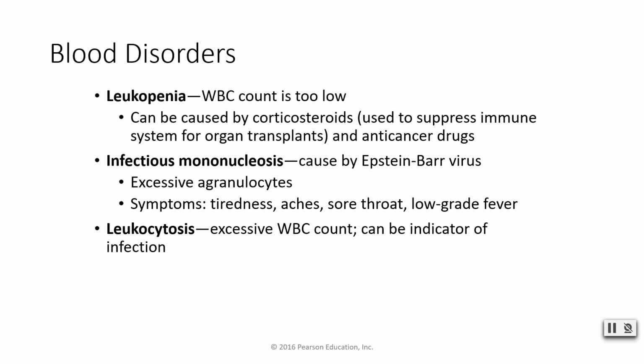Alright, a couple more blood disorders. We have leukopenia, which means your white blood cell count is too low. Patients with leukopenia, perhaps you are taking a corticosteroid, which suppresses your immune system. We do this for people that have undergone organ transplants, so we can reduce the likelihood that their body will reject their new organ, and even some anti-cancer drugs.